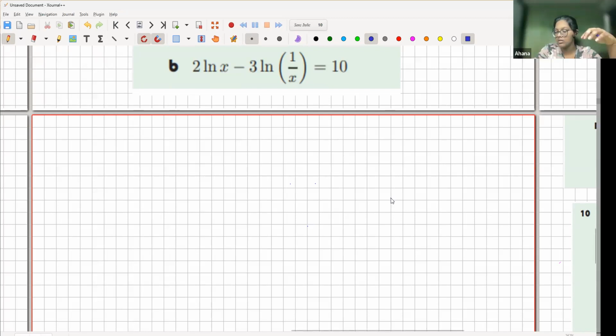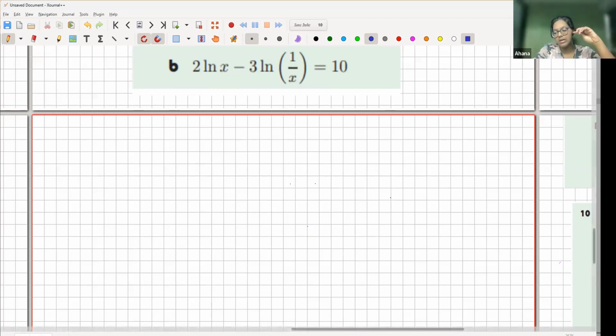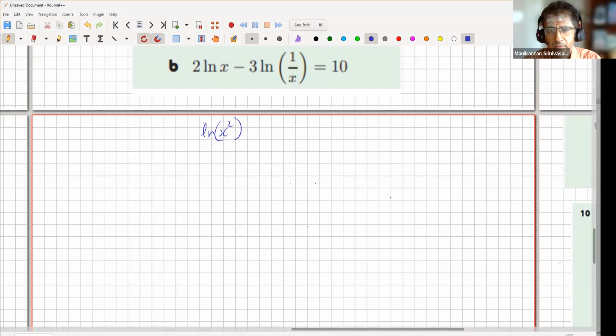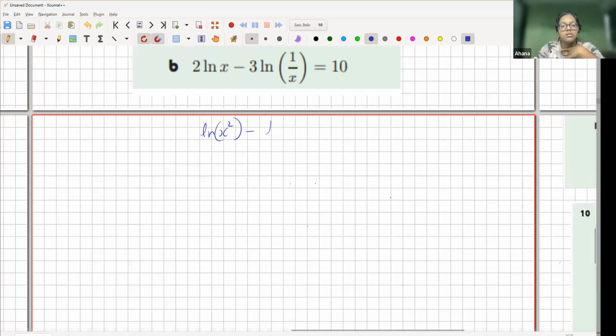Can I try? Yeah, go ahead, please, Ahana. Okay, so we'll simplify it so that we can take the 2 and the 3 inside. So ln x square minus 3 times ln of x to the power minus 3.